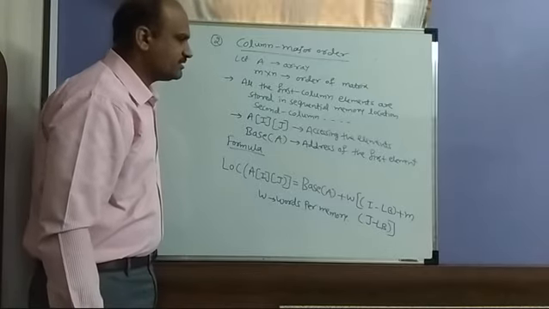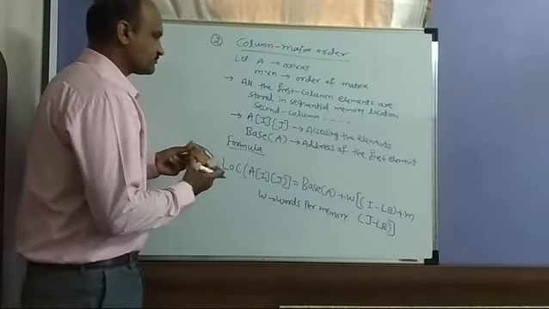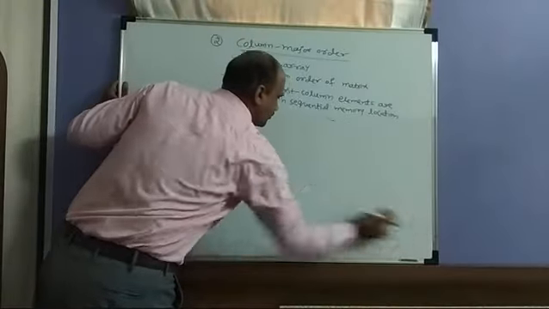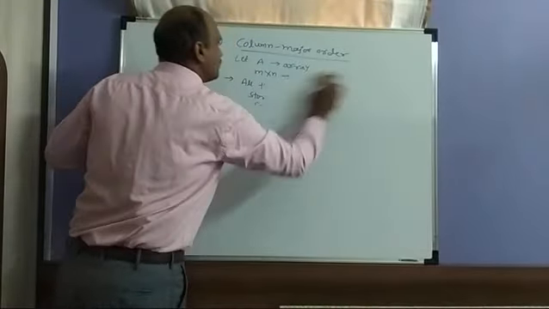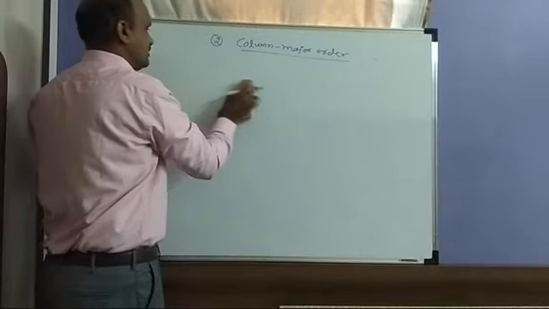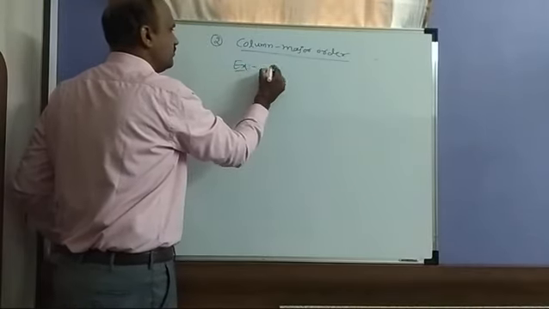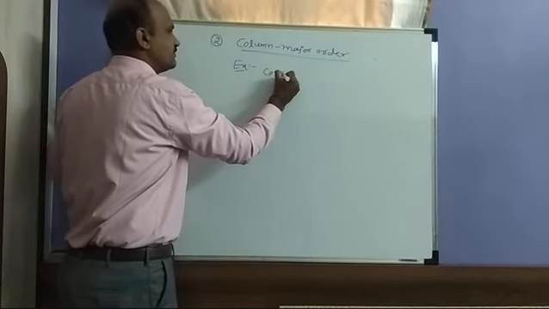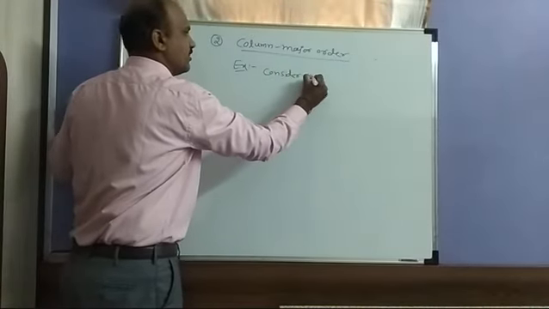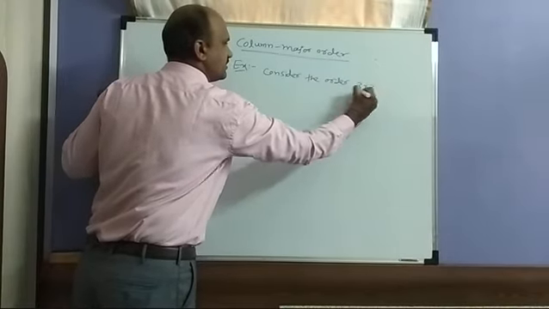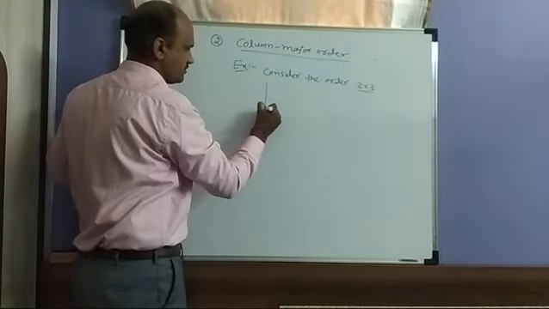If I take again the same example with the order of the matrix, m rows and n columns. If I take an example, consider the order, we will take only 3 by 3, that is 3 rows and 3 columns.